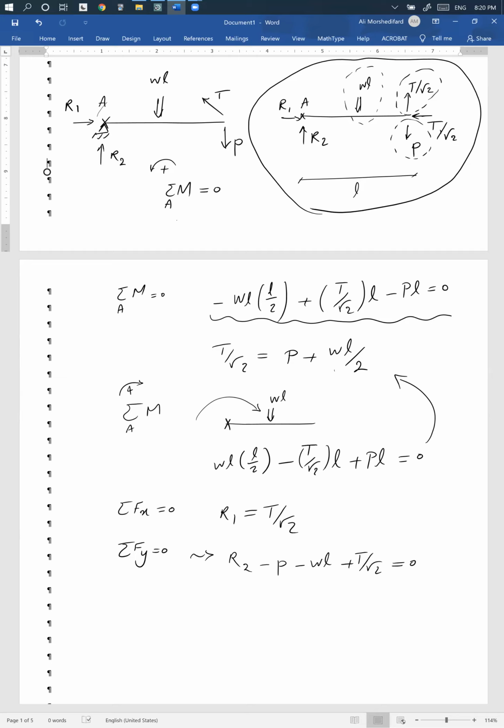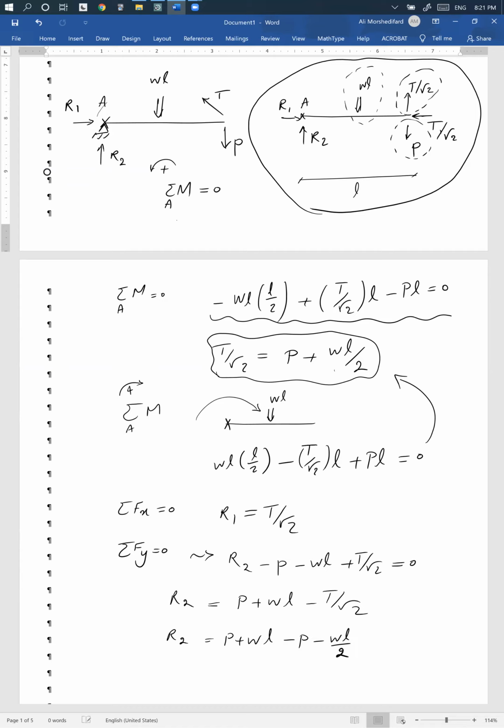So R2 becomes P plus WL minus T over square root of 2. But I have already calculated T over square root of 2 from here, so I can substitute. R2 is P plus WL minus P minus WL over 2, which equals WL over 2.